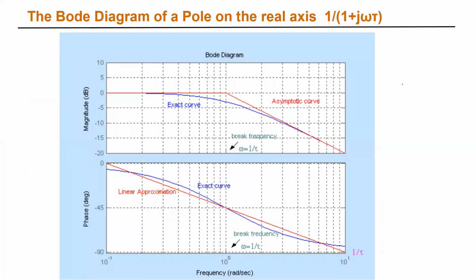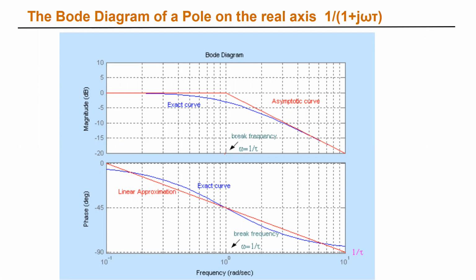This is what I'm saying about the approximation here. If I locate the corner frequency, which is the pole of the system, it will be 0 before the corner frequency, and it's going to be minus 20 dB per decade after the corner frequency.